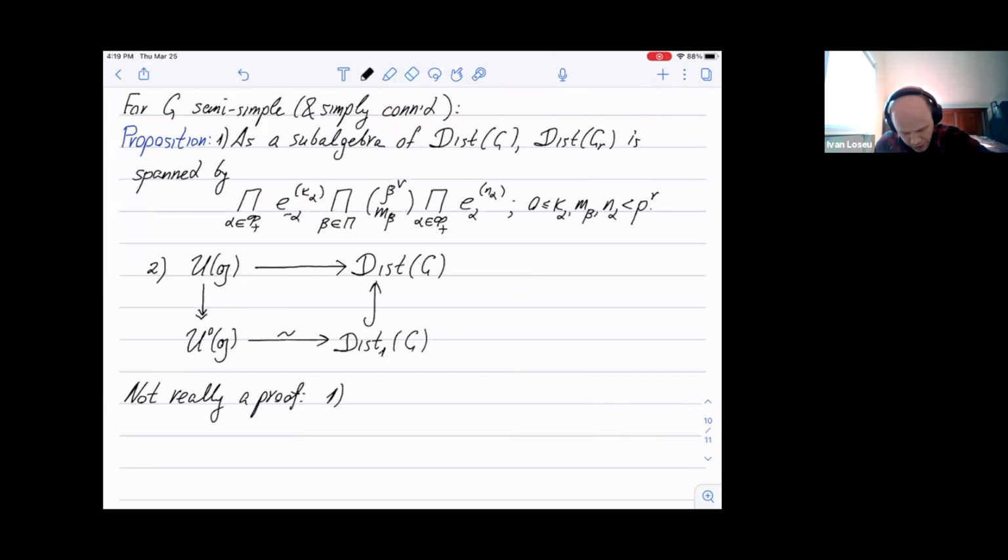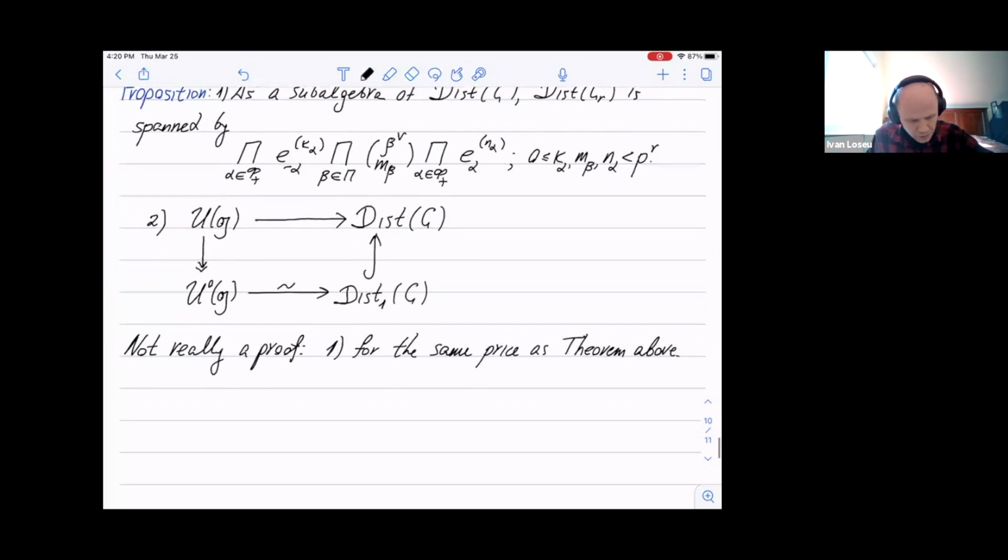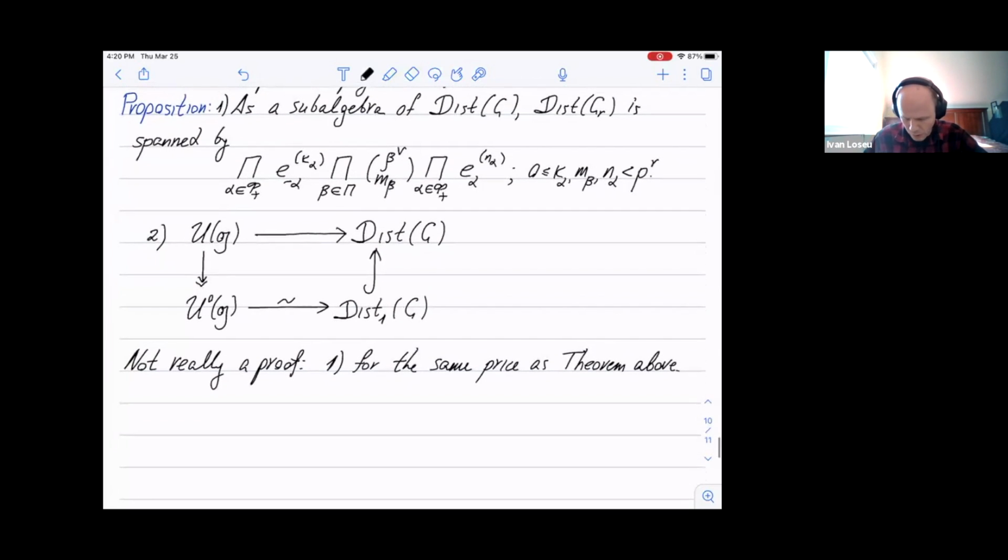The first part is for the same price as the theorem above, the theorem that I referred to before stating the proposition. And for the second part, you can argue in several different ways, but the easiest one is like this.